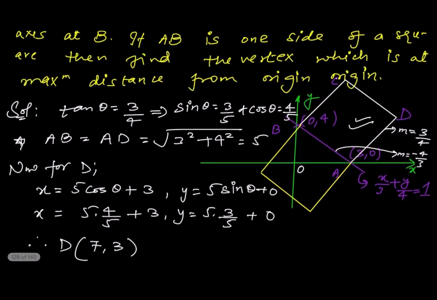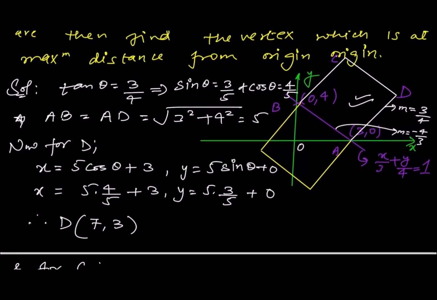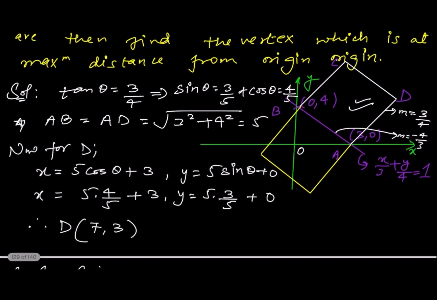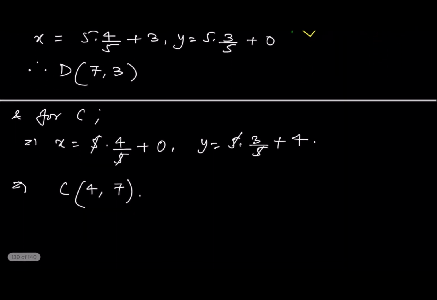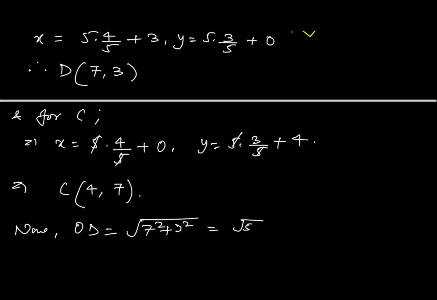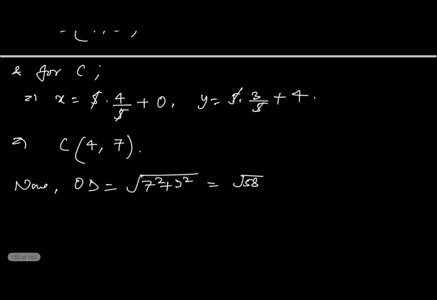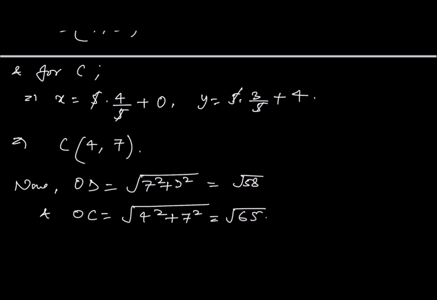So what I need is the vertex which is at maximum distance from origin. So now OD is root over 7 square plus 3 square, which is root over 58, and OC is root over 4 square plus 7 square, which is root over 65. So I can compare OD and OC.